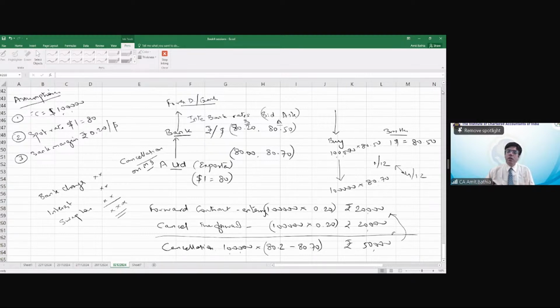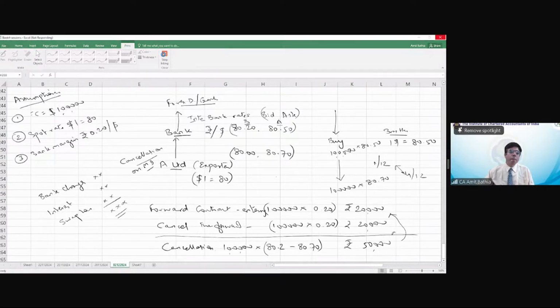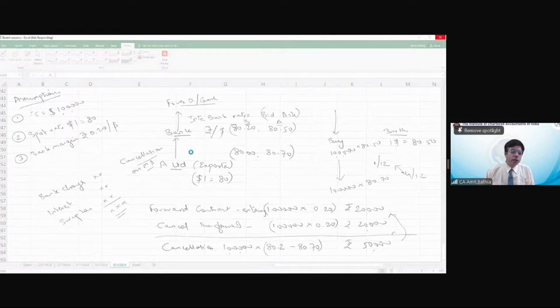Now, I'll bring you back to the life cycle of a forward cover, remember, we just now started with. So how does it terminate? By delivery, by cancellation, or by extension.